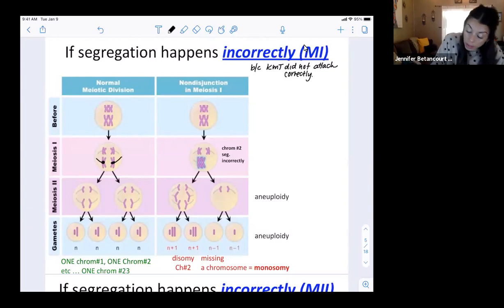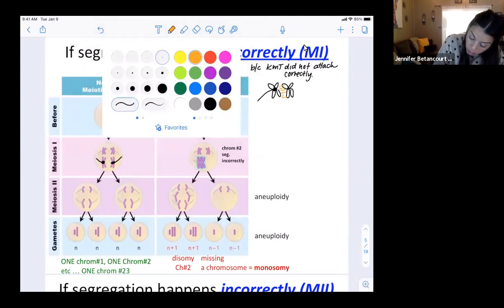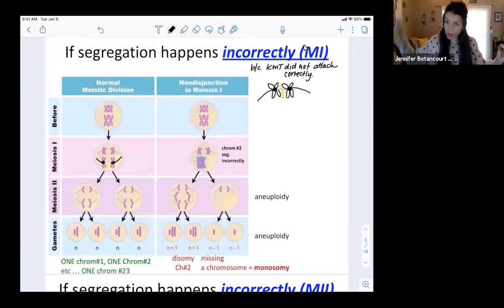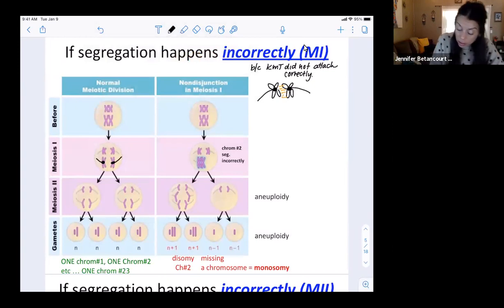They should be attached. So I'll just draw a quick cartoon. Let's draw the synaptonemal complex so we know that it's still there. They should be attached to the entire sister pair of a tetrad, one pole and the other pole.